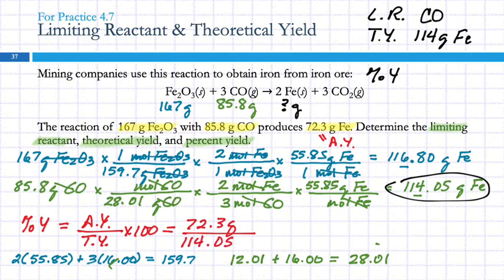I'm going to use the unrounded value. 72.3 divided by 114.05 times 100 is 63.391%.